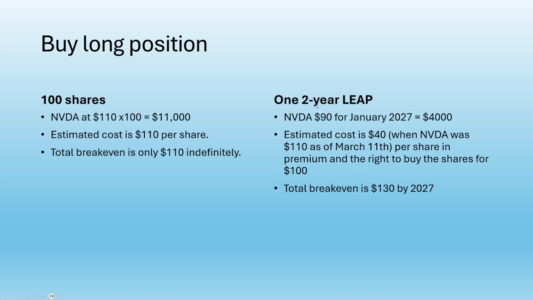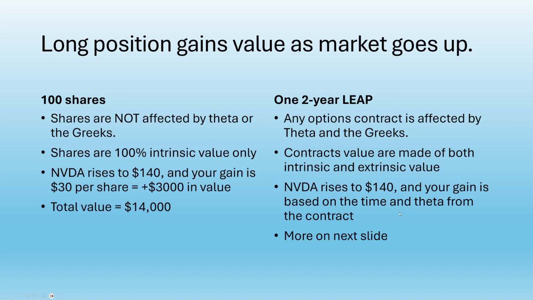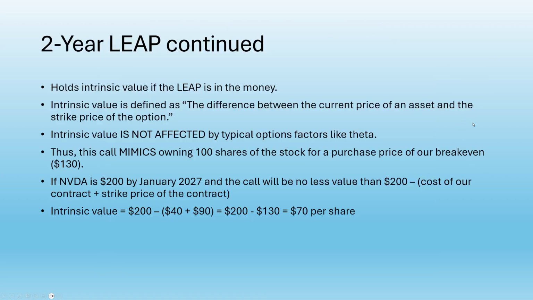in this particular example, I had either 100 shares or a 2-year leap for NVIDIA. $90 for January 2027 was only $4,000. I want to sell covered calls against it. Let me see if I can find where that went.